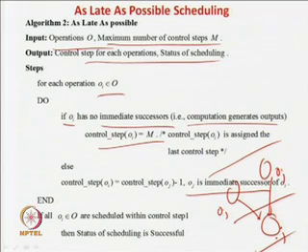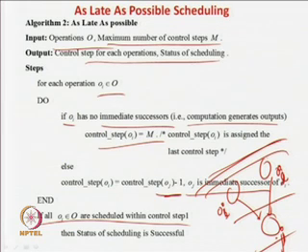Now you find all Oi who are immediate predecessors of Oj, and schedule them one step before Oj. Then if all operations are scheduled within the first control step, if you can do everything in the first control step, the strategy is successful, else it is not successful.